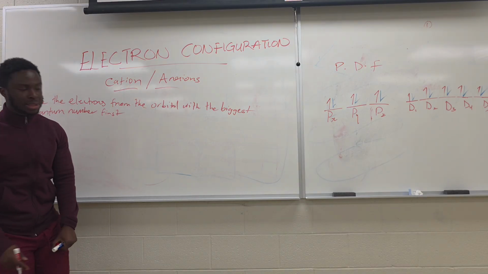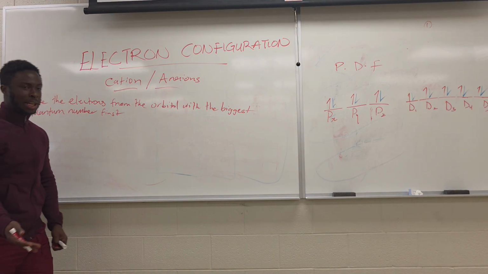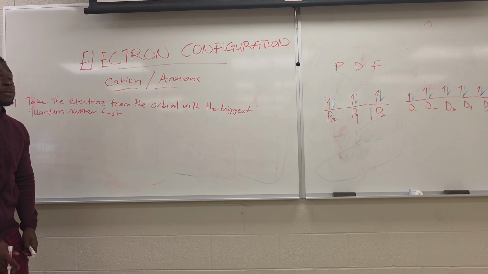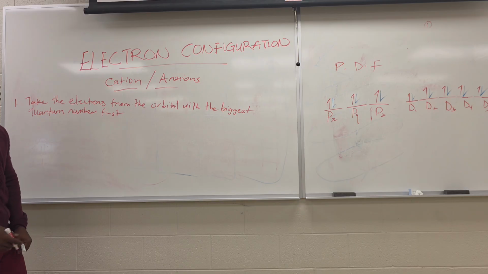So if you are an atom and you are losing an electron, first of all, you take it from the biggest quantum number before you go to the lesser quantum numbers.